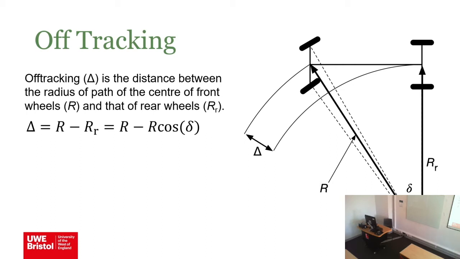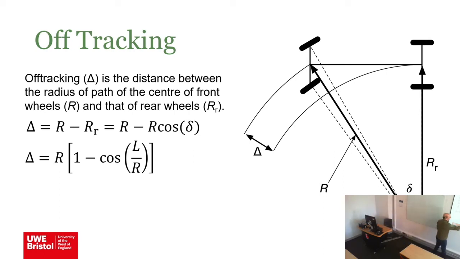So we've got the radius in both of those terms. The angle delta we know is L upon R, so delta is R times 1 minus cosine of L upon R. So again, the wheelbase is featured in there. It makes a difference, as does the corner radius.